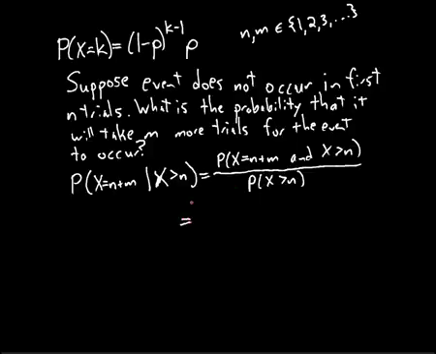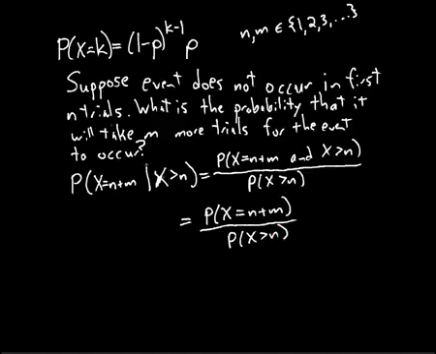Okay, well, on top, if these are indeed non-negative integers or positive integers, then the condition X equals n plus m is more restrictive than X is greater than n. Since m isn't negative, if the first is the case, then the second one will always be the case. So this is just the probability that X is n plus m. And then the bottom is the probability that X is greater than n.